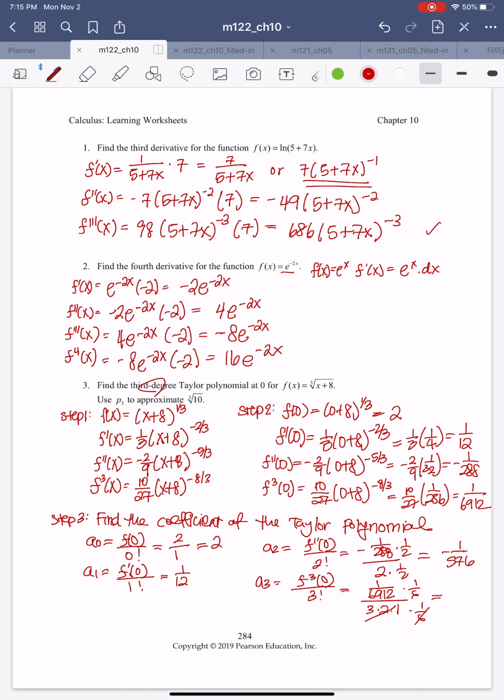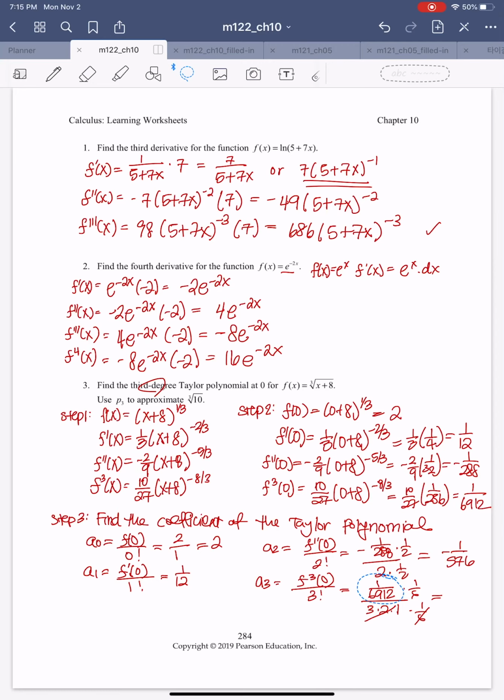Okay, and then let's see, 3 times 2 times 1, so 6. And then f triple prime is 1 over 6912. Yep. Oops. Actually, never mind. So I have 1 over 6912, 1 over 6912. For some reason, I thought I made a mistake by copying that, but I have it all.